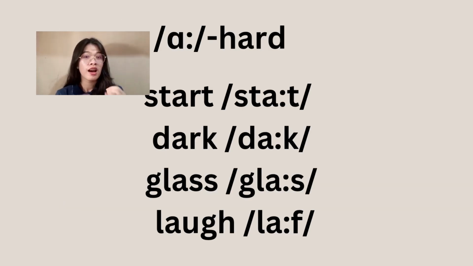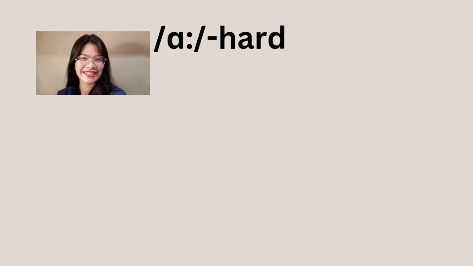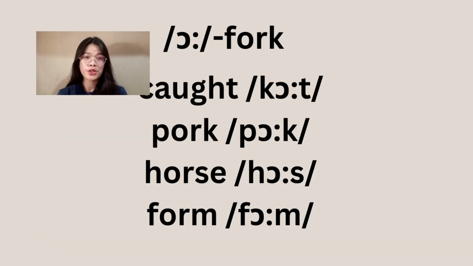Going next to the long ah sounds like hard, start, dark, glass, and laugh. Of course, we also have the long aw sounds like fork, caught, pork, horse, and form.